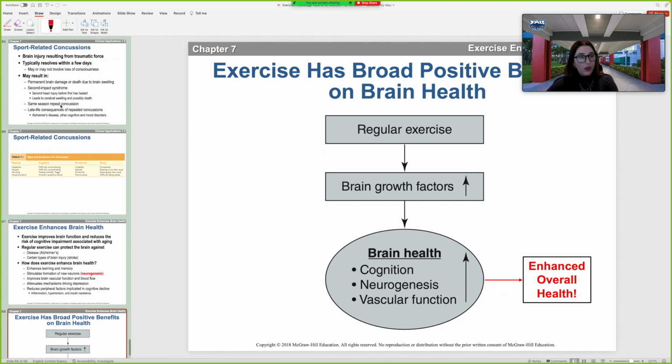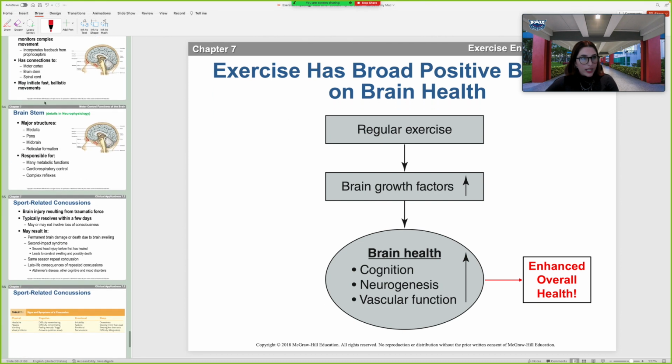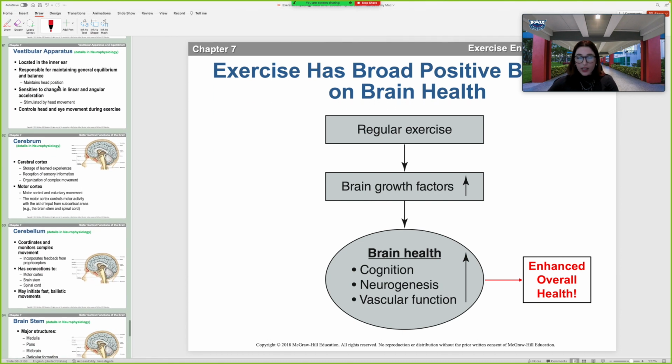Now, what do I want you to know about the last few slides? I want you to know what each of these brain centers do. You can just print out these slides: which one maintains balance and equilibrium, which one is the origin of voluntary movement, which one coordinates complex movement, and which one has the cardiovascular and respiratory control centers.